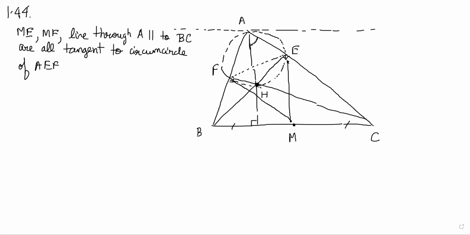HAE, this angle is equal to 90 minus C, obviously. Can we show that this point also lies on the circle? So hopefully that will come. Right now I'm just seeing the angles. So maybe it will come out on its own.